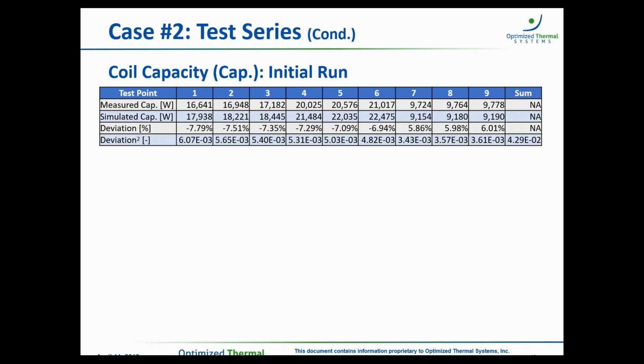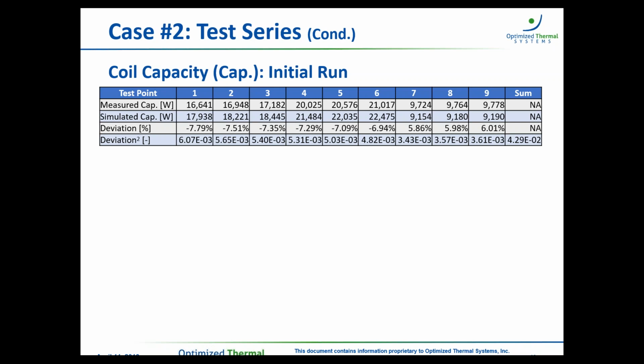So as Paul demonstrated with the airside pressure drop correction factor and how we can use the Excel solver to minimize the error across all 9 test points, we can do some similar work to tune the heat exchanger capacity, although we can't just linearly affect the airside heat transfer coefficient to get the result we want in terms of overall heat exchanger capacity.